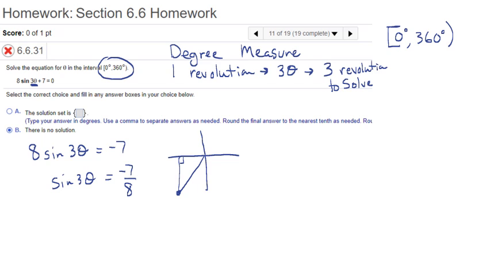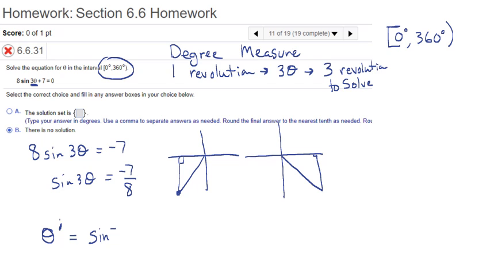So here it is. I'm going to just solve for the reference angle. I just need to figure out what angle measurement would make sine a value of 7/8. Now remember, you're in degree mode, right? So go back to your mode function, because if you don't change this, you're going to be in radian mode, but trying to solve in degrees, and that's going to mess you up completely.